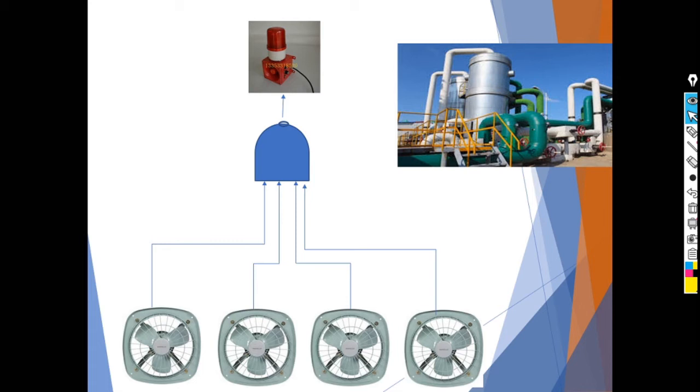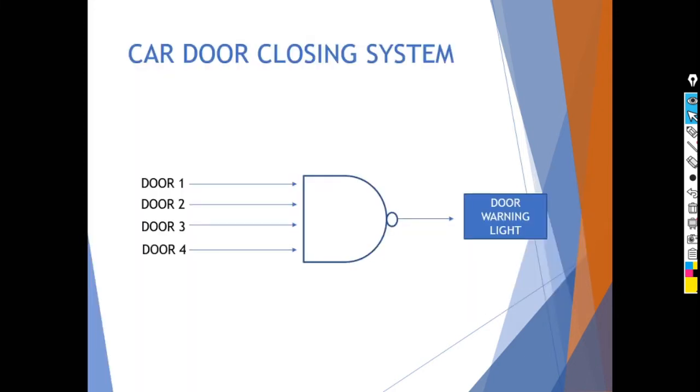Next, we can take another example of the door closing system of a car. When any one of the doors of the car is open, the driver gets an indicator like this. It helps to avoid accidents. This can be realized using NAND gate. Here, the inputs of the NAND gate are from the doors. If any one of the doors is not closed properly, that input is 0.